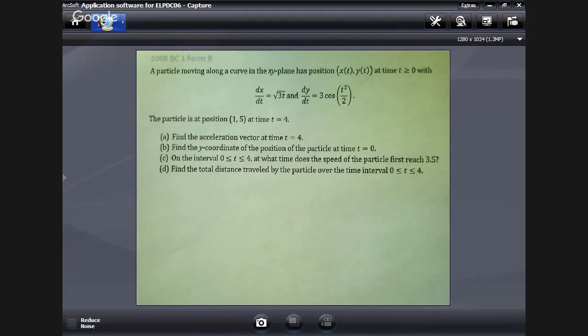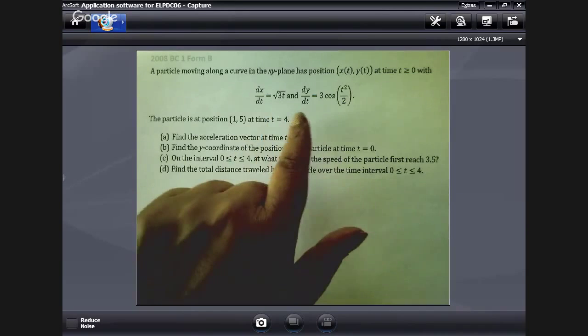Form B number 1, a particle is moving along the curve in an xy plane, and it has positions x of t, y of t at time t greater than or equal to 0. With these two expressions, dx/dt, dy/dt equals 3 cosine of t squared over 2. Okay. So notice that we didn't give you the position function.